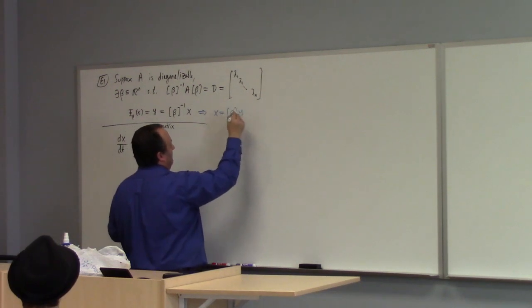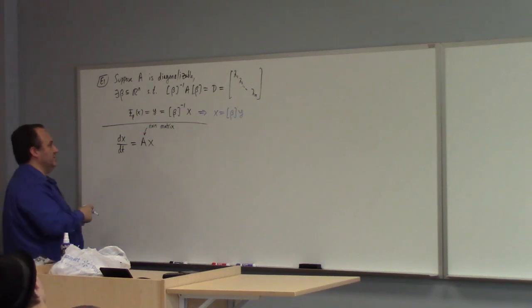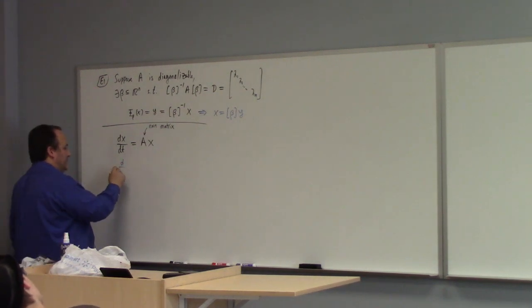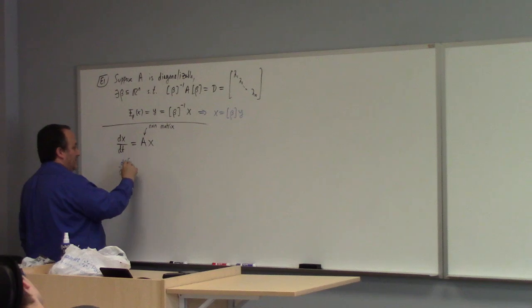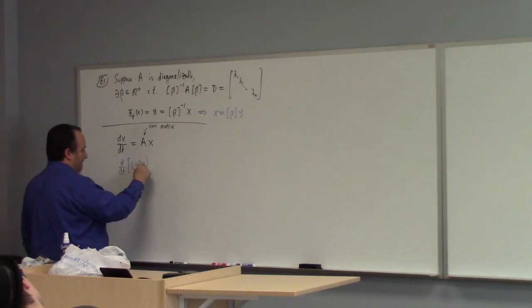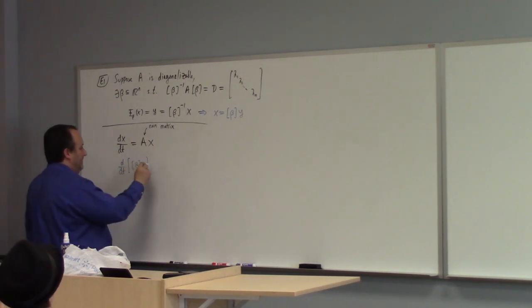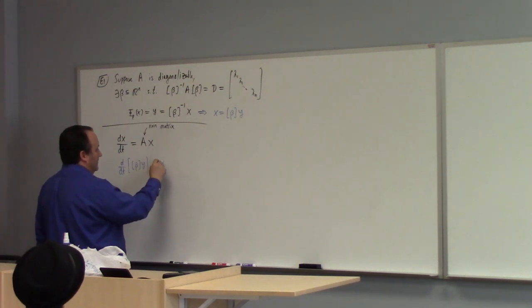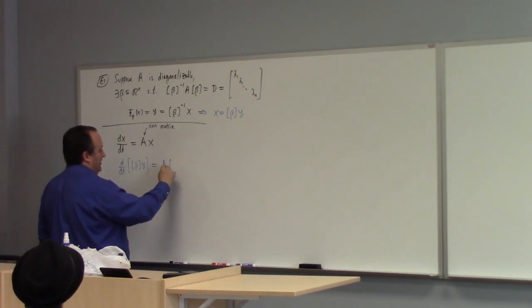Beta y, right? So I could say this is d/dt of beta y is equal to Ax, well, x was beta y, right?